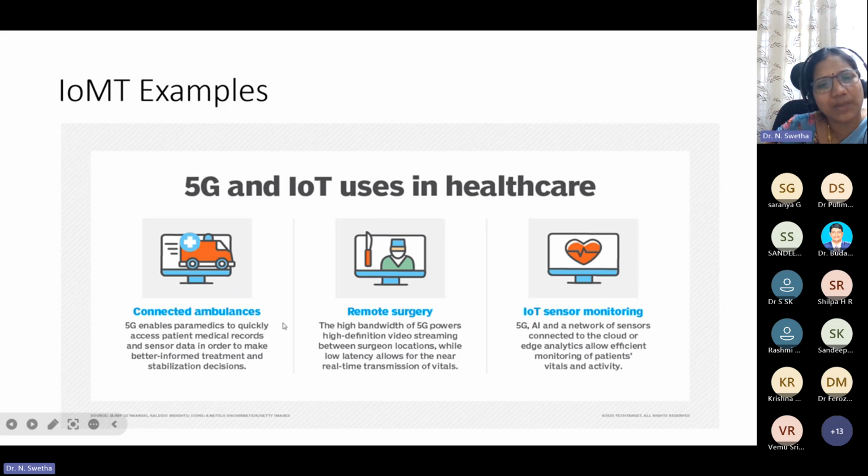Connected ambulances. Earlier, in ambulances, you didn't have any control system or complete setup. I think here we don't see much, but if you go to other countries, you'll see a lot of big machinery present inside the ambulances, which are connected to the network. 5G-enabled paramedics.